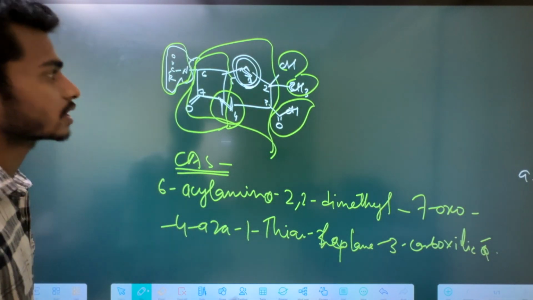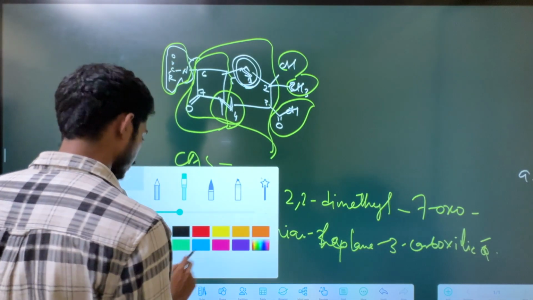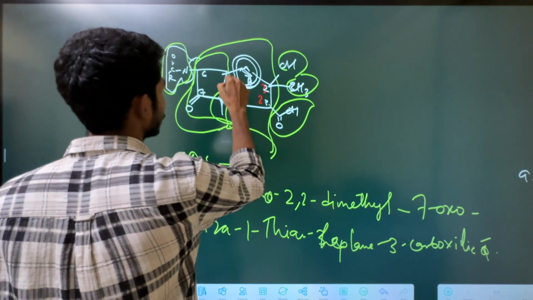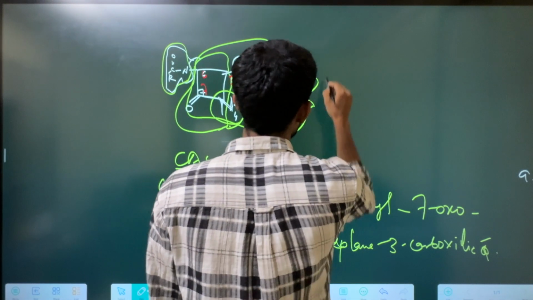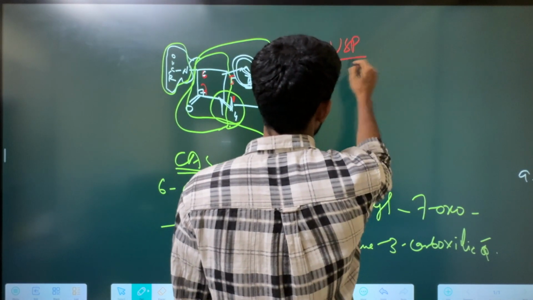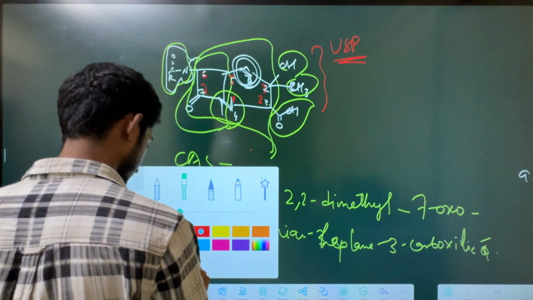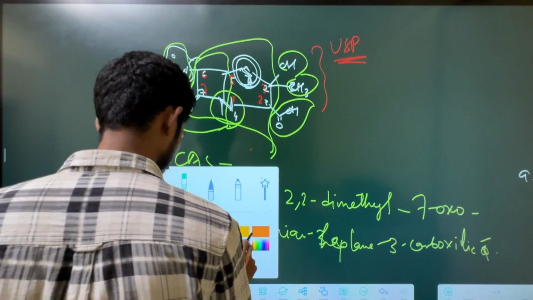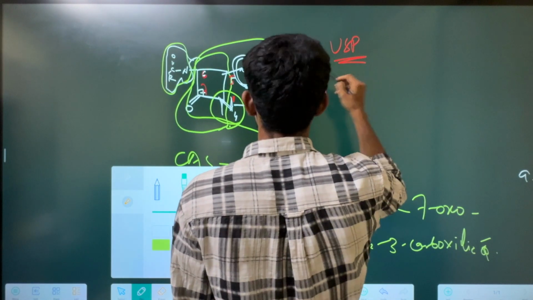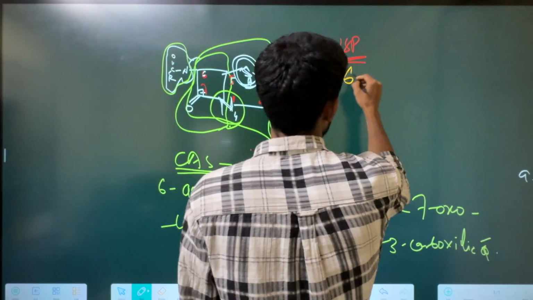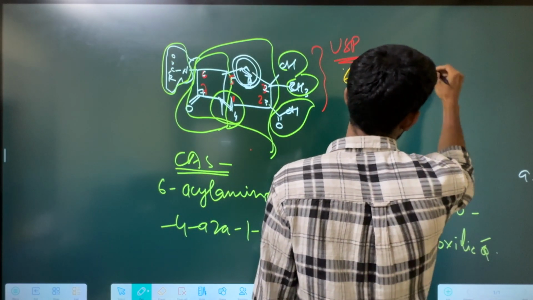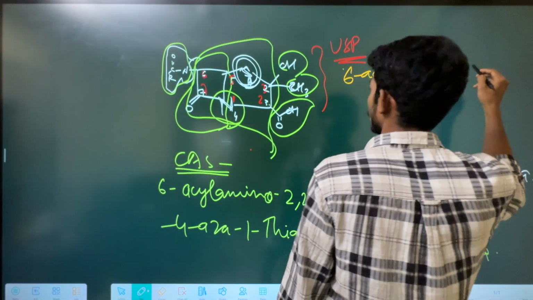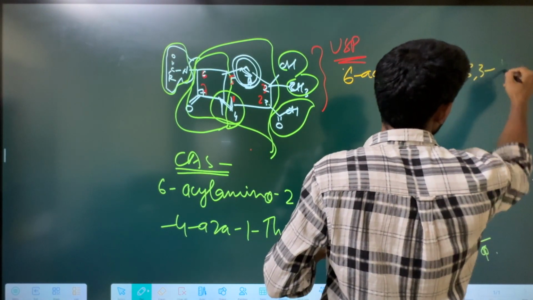In the case of USP system, how will we write the name? In the case of USP system, numbering will start from here. 1, 2, 3, 4, 5, 6, 7. So in the same way, numbering will start as 6. Again same thing. 6-acyl amino, then 3,3-dimethyl.